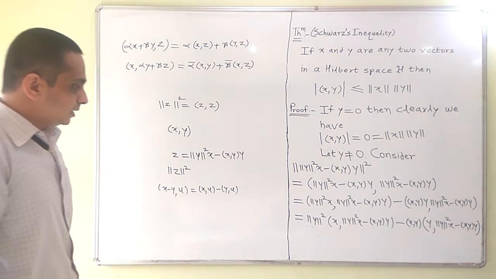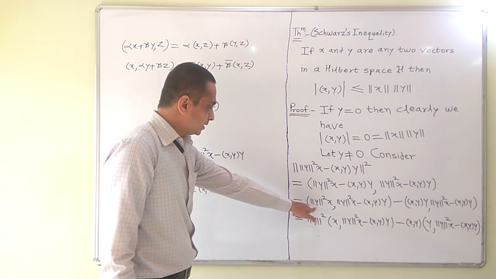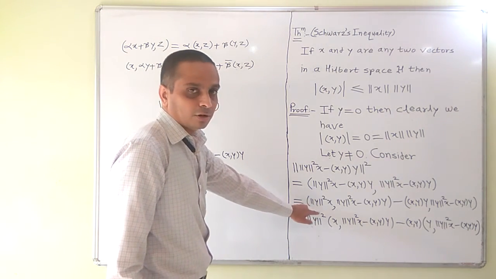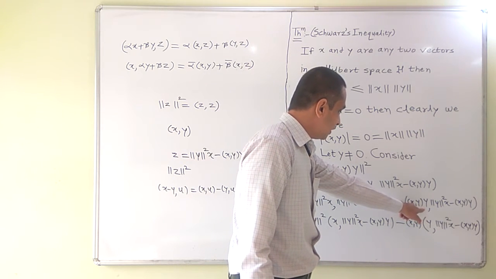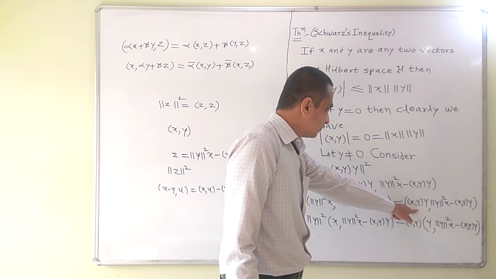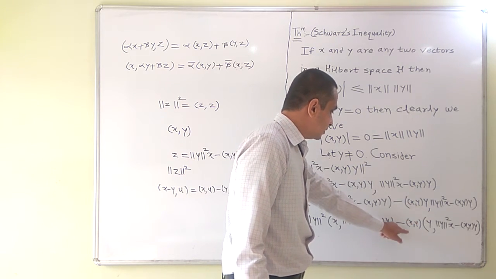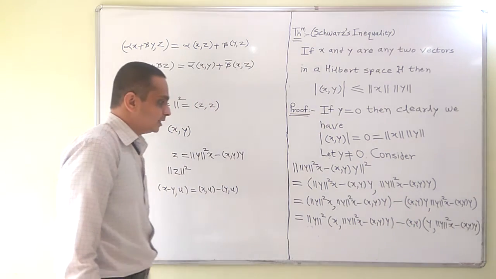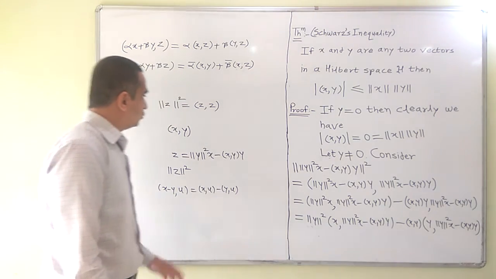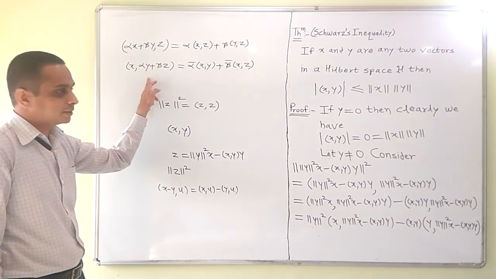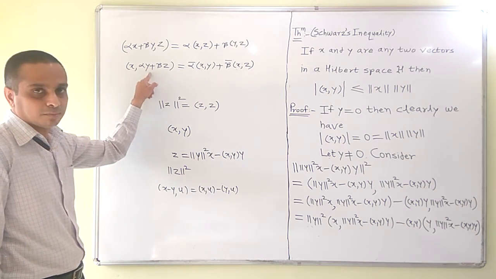So what I have done in this step is simply take norm y square outside, treating it as a scalar, and from this term I have taken inner product of x and y outside. It is simply a complex number and scalar that I have taken outside. Further simplify, you have to repeatedly use these properties. Now we are going to use the second property.